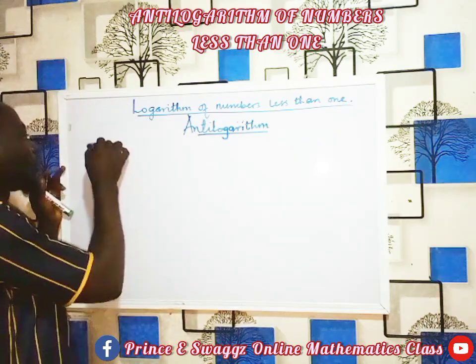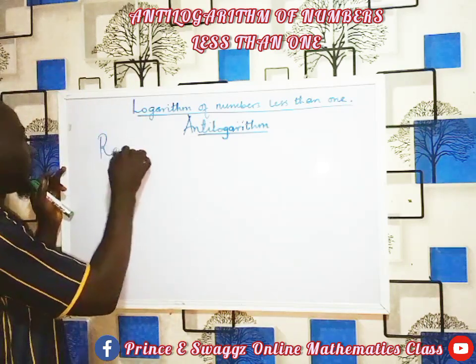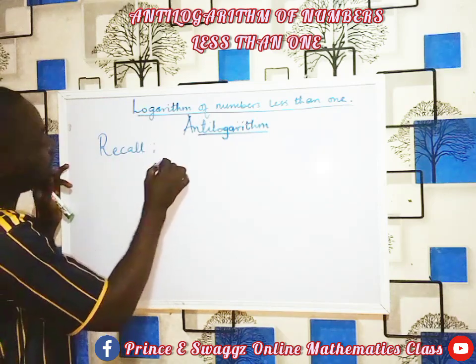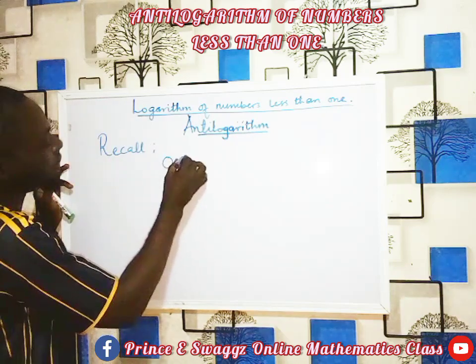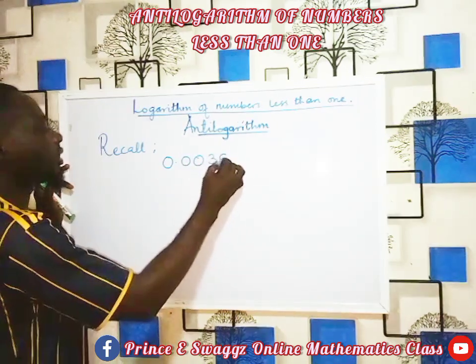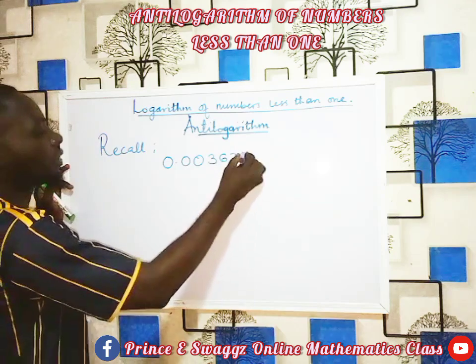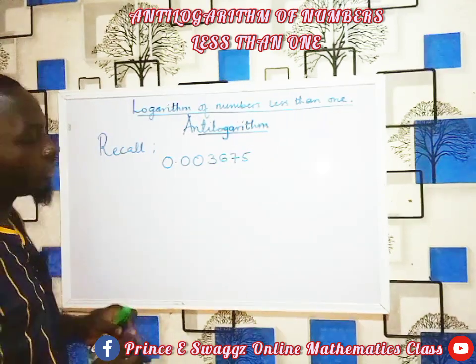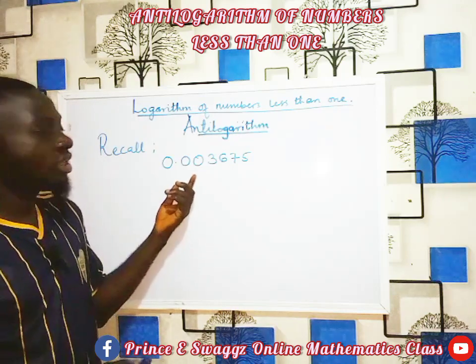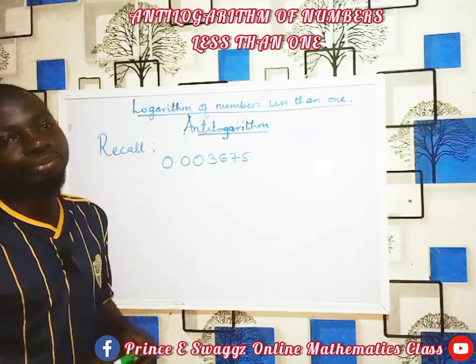Now, let's take a recall from our previous lesson, where we have 0.00367. Let's take a look at this. This is an example of an antilogarithm value.